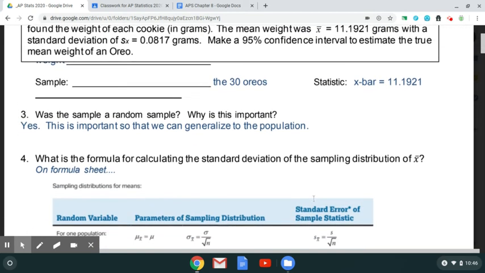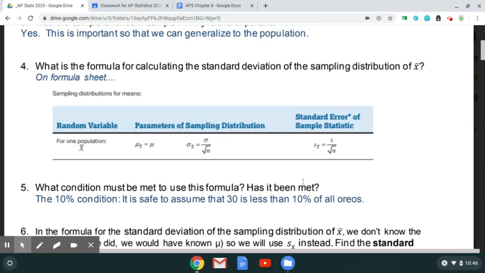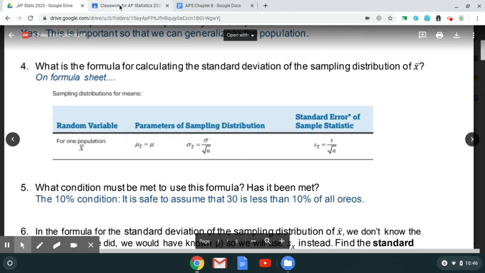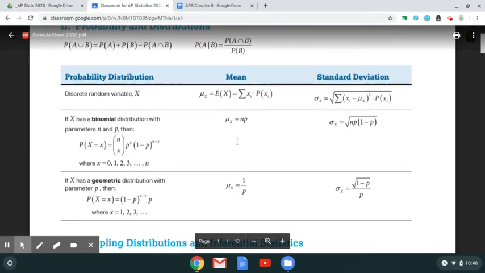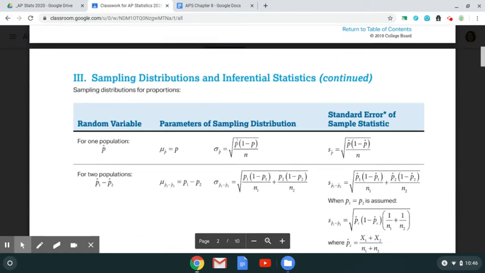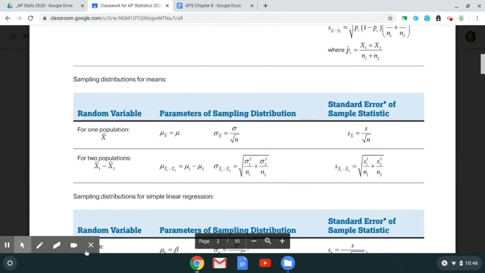The formula for calculating the standard deviation of the sampling distribution of X bar is on your formula sheet. So let me show you where that is. If you go to your formula sheet, you're going back down to page 2, and where it says sampling distribution for means, that's where you'll find what you need in your formula sheet.